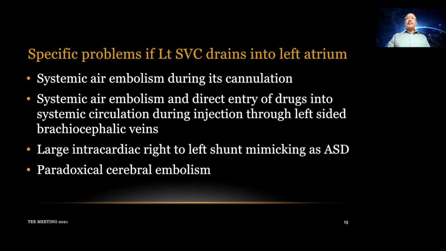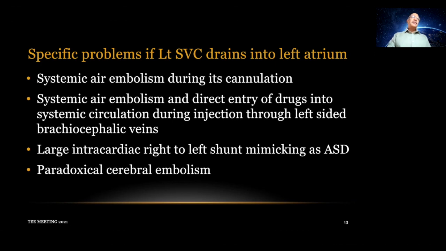Now if any drug is injected through the left side, like say the cephalic vein or basilic vein or left internal jugular vein or subclavian vein, it can find its way into the systemic circulation. Normally when we give drugs into the circulation, it passes through the lungs, then reaches the left side and is circulated to the body.